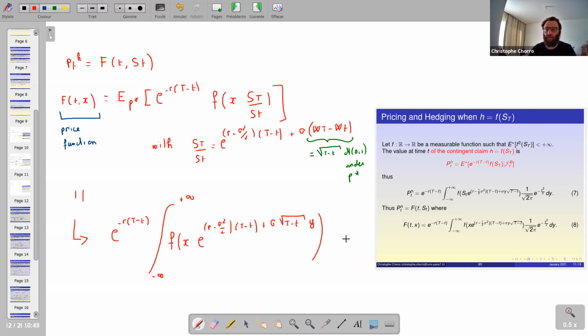I have to multiply by the density of N(0,1) because I know that the distribution of this term can be written this way.